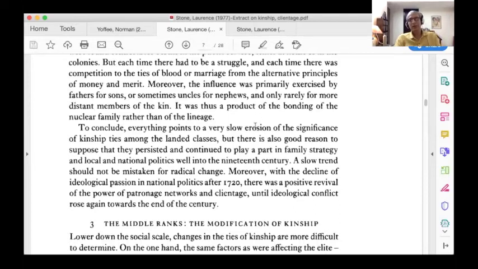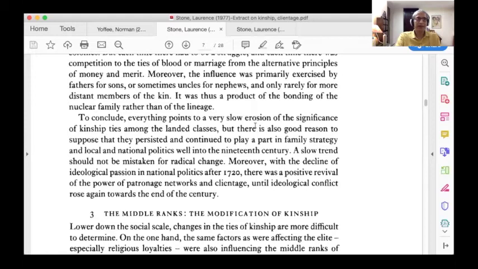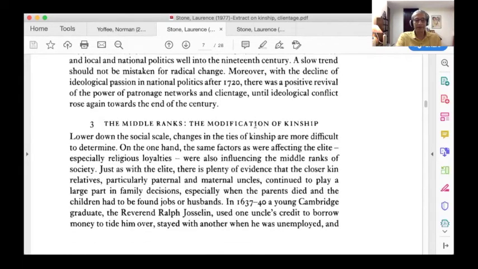So these were, in a sense, contingent on other developments, but one shouldn't make too much of this break. Shouldn't treat this as a big rupture in social relationships, but rather as a slow change that had certain reversals as well during certain periods.